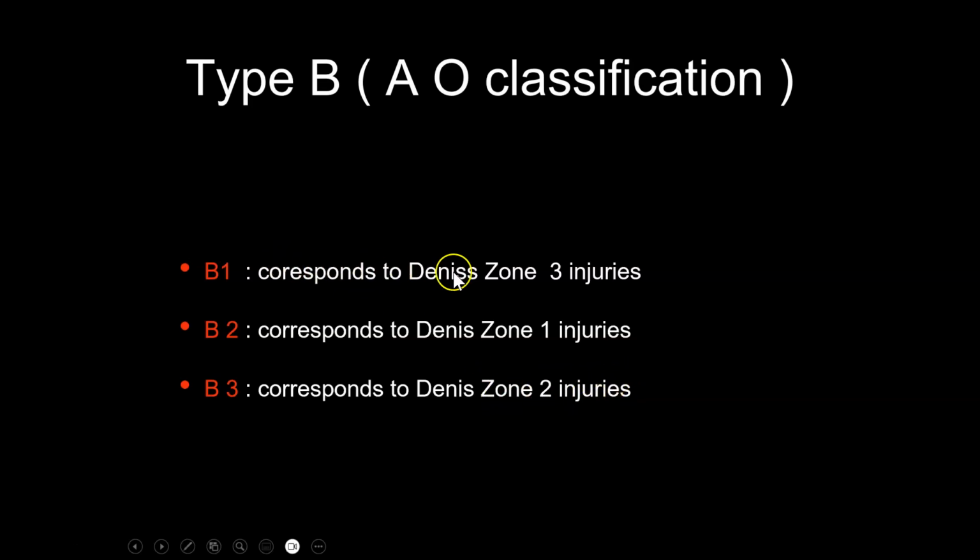So B1 like Dennis 3, B2 like Dennis 1, B3 like zone 2. So again, B1 medial to the foramina, which is zone 3, B2 lateral to the foramina, zone 1, and B3 involving the foramina, zone 2.